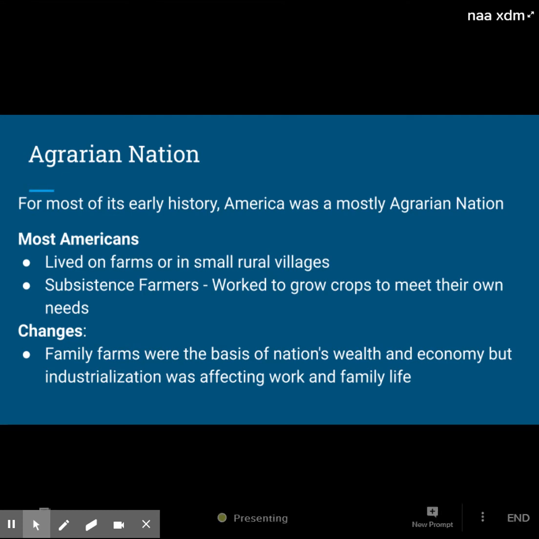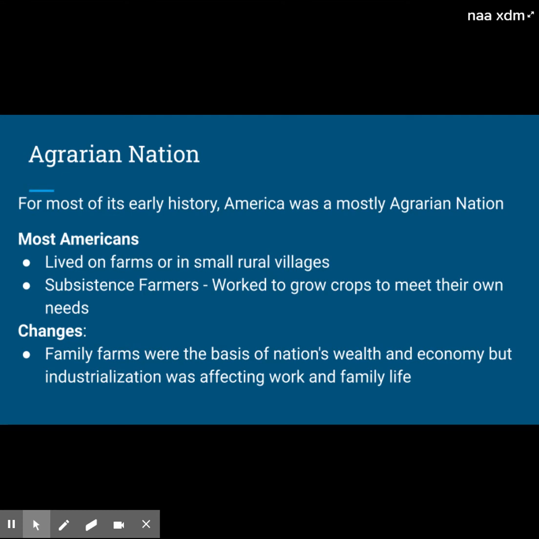All right. So, what changes? At this point, the family farms are the basis of the nation's wealth and the economy. But what we're going to see is that industrialization is going to take over, and the majority of people by 1920 are going to be working in factories and living in the cities.